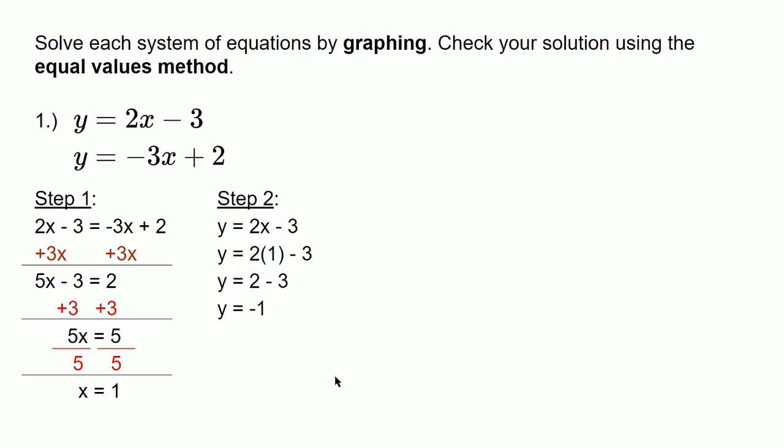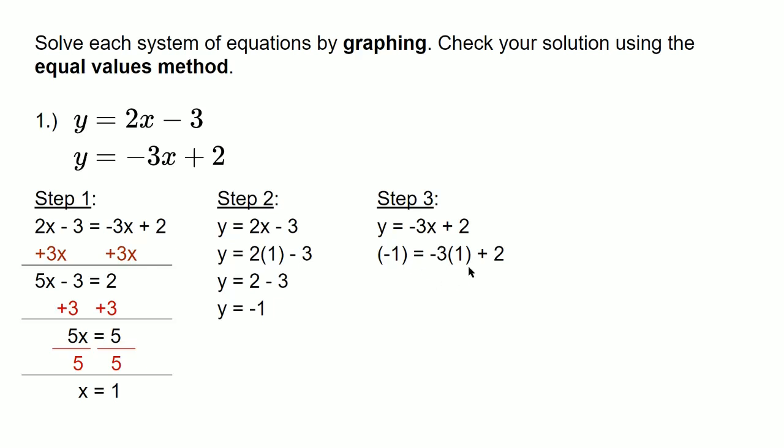We could probably be done, but I'm going to be thorough, and I'm going to do step 3 and check those values in our second equation. So our second equation, y equals minus 3x plus 2. I'm going to substitute minus 1 in for y and plus 1 in for x. So negative 1 equals negative 3 times 1 plus 2.